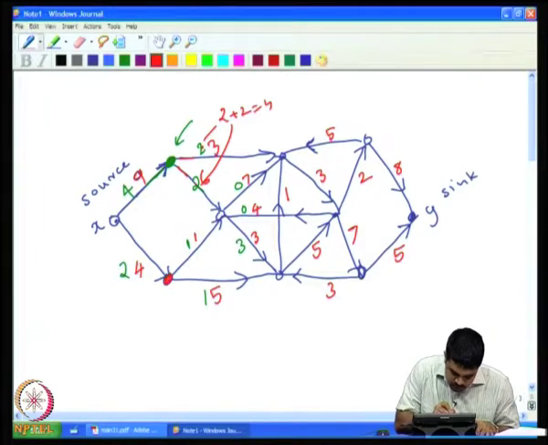Here also we can check, for instance, the incoming is 2 and the outgoing is 1 plus 1, which is 2.